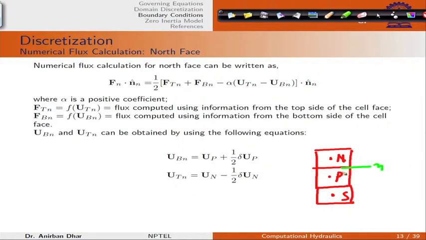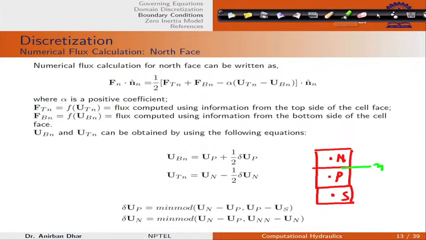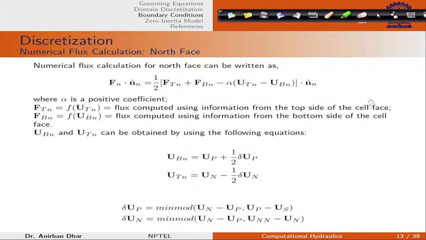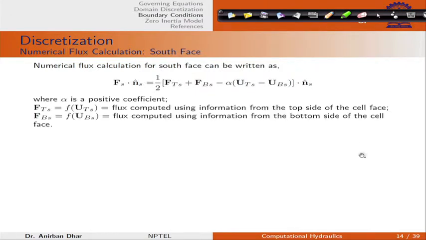So, for north face we need to consider NN, that means north cell, and UP, UN, UP, US and UNN. So, this is the structure there, and we can calculate this UBN and UTN.